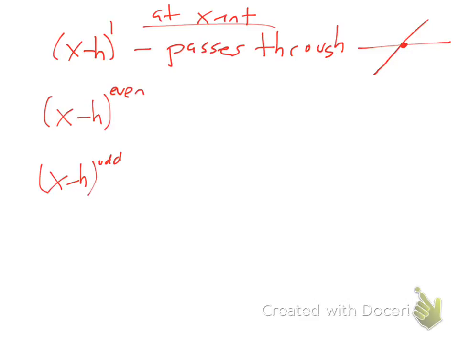Now, if it happens to be an even power, it bounces. Now, what do I mean by bounces? It means that as I'm approaching this point, it realizes that, wait a minute, I can't cross this line.